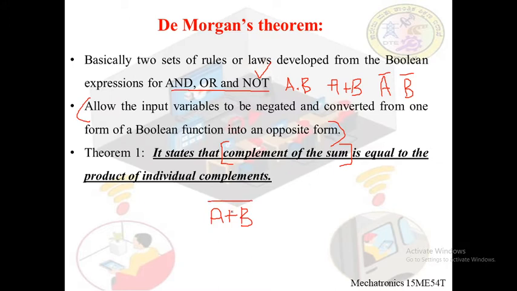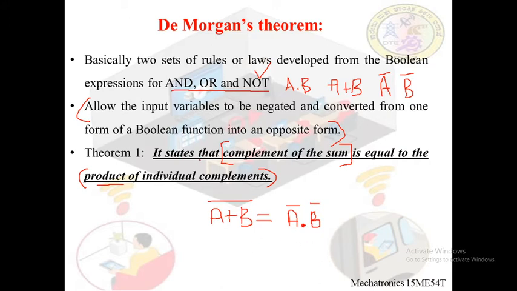Complement of the sum is equal to the product of individual complements. This forms the important point once again. Individual complements are A bar and B bar. Product of individual complements, it is product in the sense of AND operation, so I will keep a dot here.